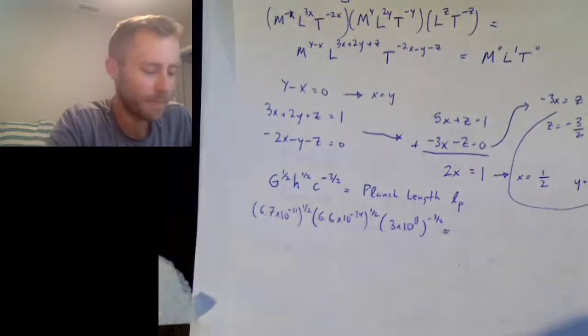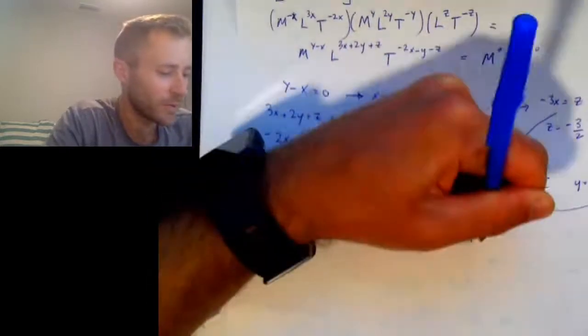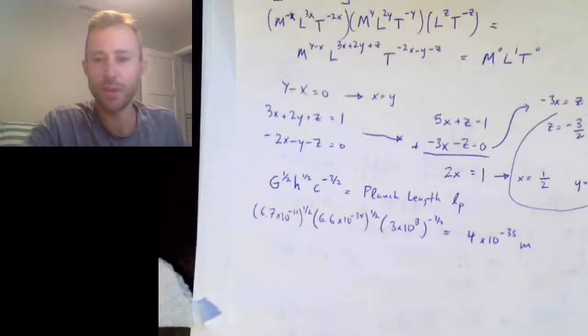Let's calculate it. This is about 4 times 10 to the minus 35 meters. That is the Planck length.